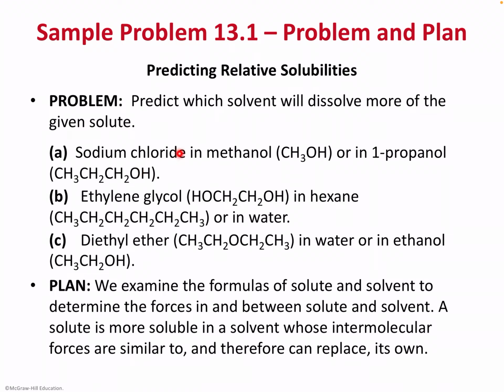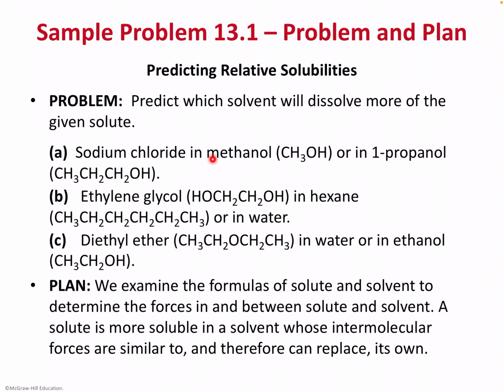Sodium chloride is an ionic substance. What do we have in methanol? We have a dipole, and also methanol has hydrogen bonds, but the sodium chloride doesn't have hydrogen bonds. And in propanol, you have a little bit bigger hydrocarbon part compared to methanol.